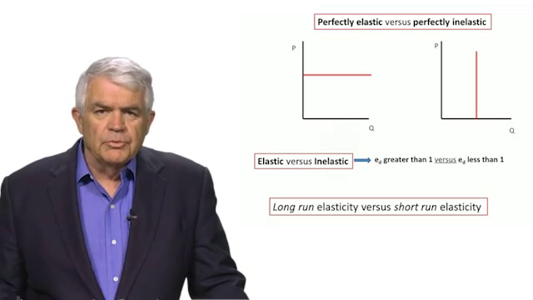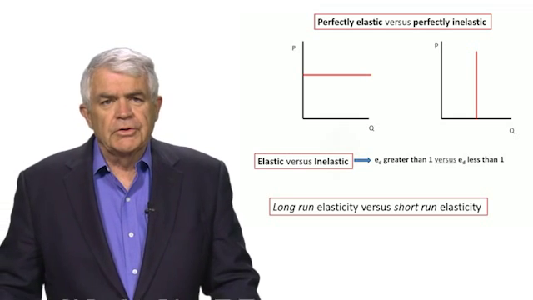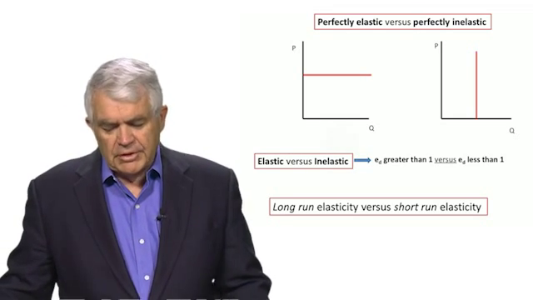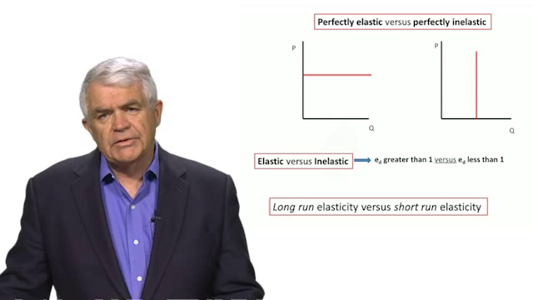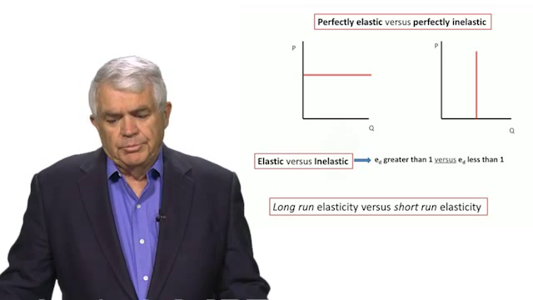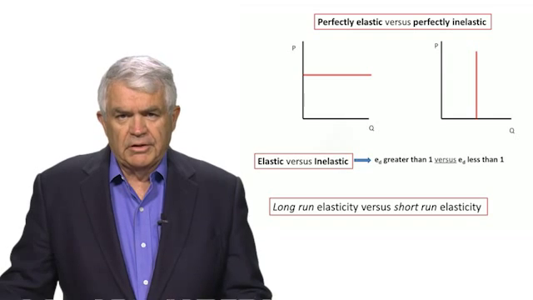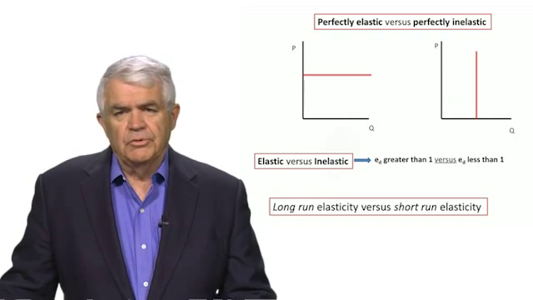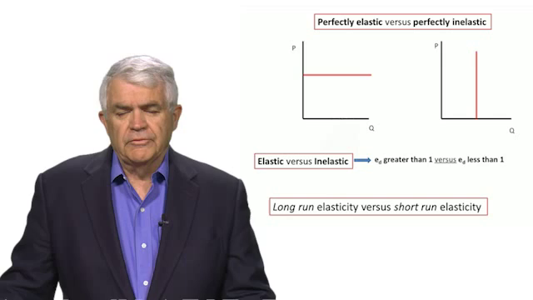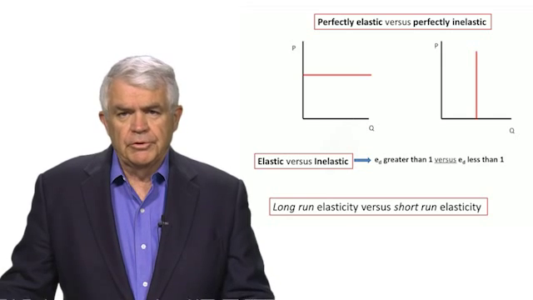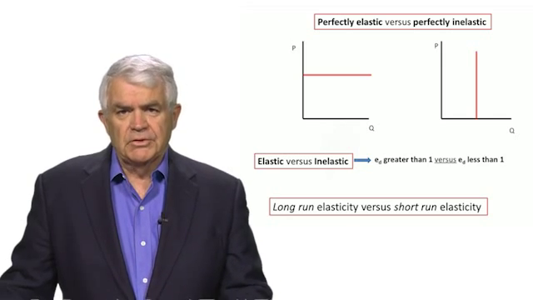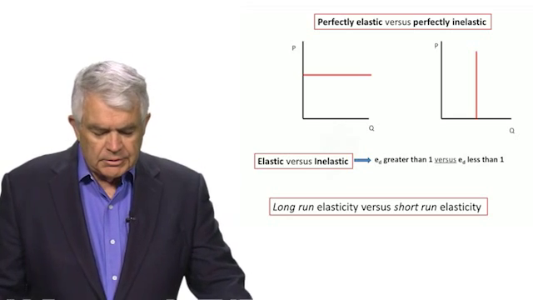And the reverse, which is perfectly inelastic, is where you can have a gigantic change in the price and you won't get any change in the quantity. That could be something completely fixed. No matter how much you change the price of the Mona Lisa, you're not going to get more Mona Lisas produced. There's one of them and that's it, so it's perfectly inelastic.